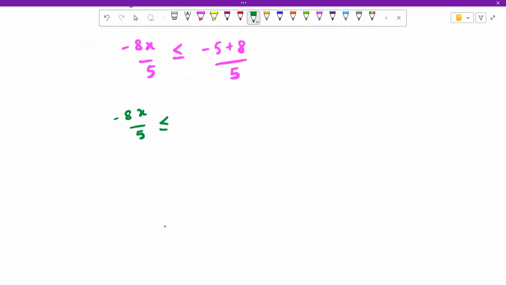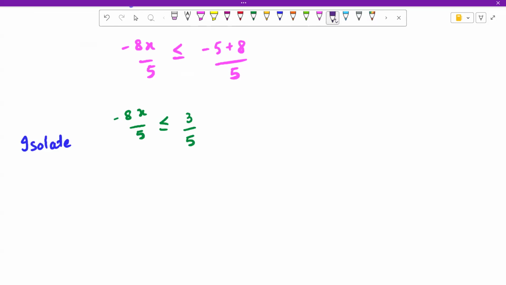What is the answer of that? The answer is 3 over 5. Very good. Now we can do whatever process we want. What is the next thing we'll be doing? Isolating the variable.